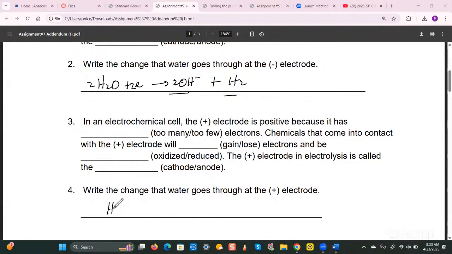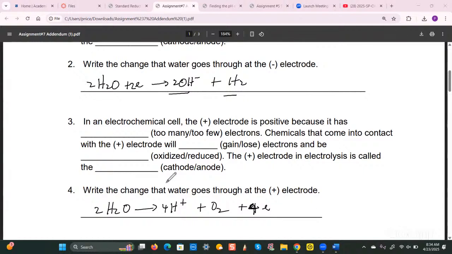That's an oxidation reaction where water will form hydrogen ions and O2 plus electrons. To balance this, we're going to need a 2 here, a 4 here, and 4 electrons here. So that would be the equation for the oxidation of water. Right?